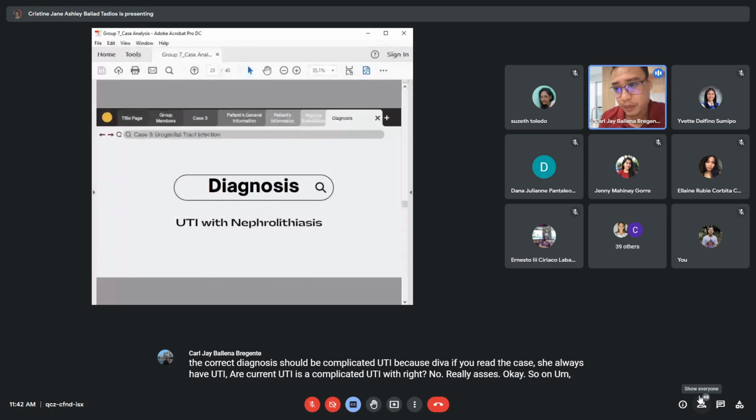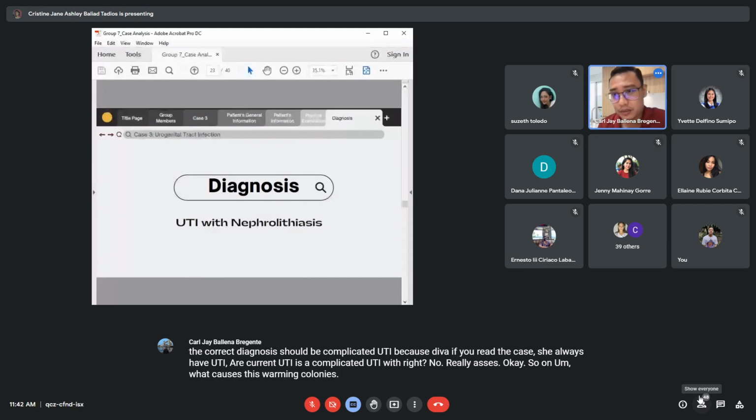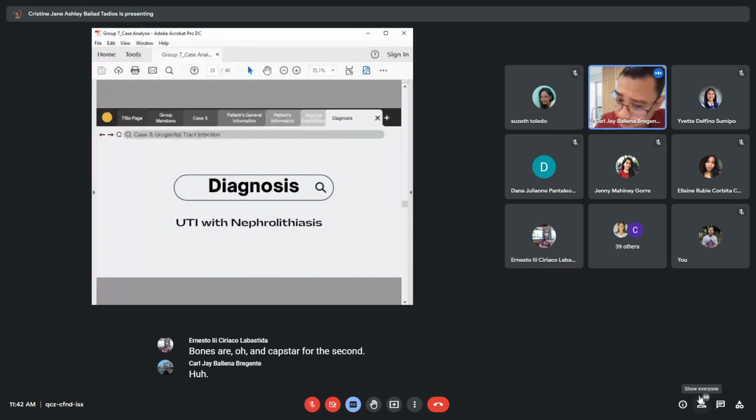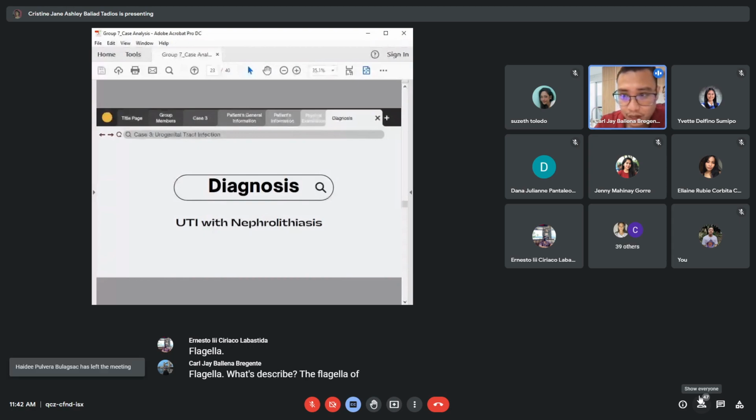Okay, question. What causes the swarming colonies on your blood agar plate? O and capsular polysaccharide. Huh? Flagella and O. Describe the flagella of your Proteus vulgaris or Proteus in general.